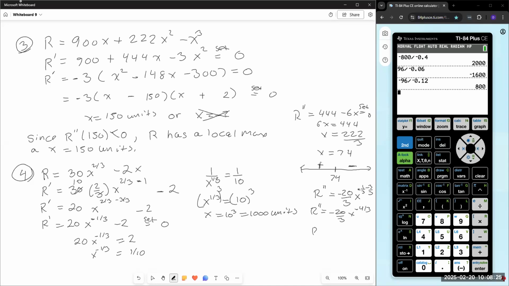Our double prime is going to be negative 20 over 3, and then this is x to the 4th inside of a cube root sign. So when I do that, no matter whether x is positive or negative, when I take it to the 4th power, that's going to make it positive. So I'm going to always have a negative divided by a positive. So that means that R double prime is less than 0 for all x's not equal to 0.